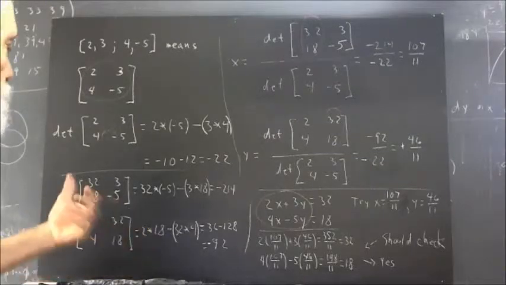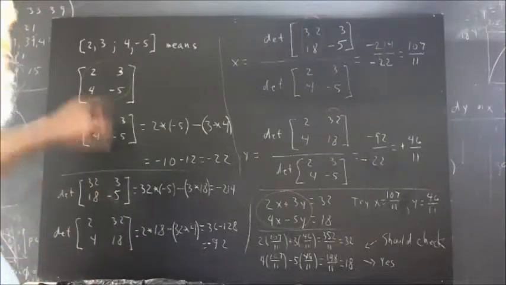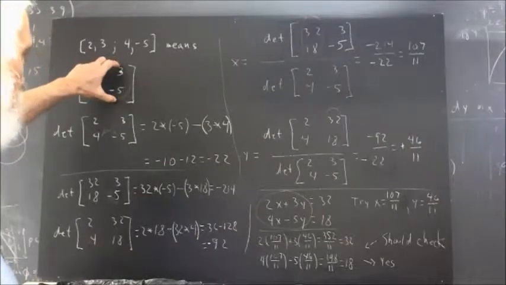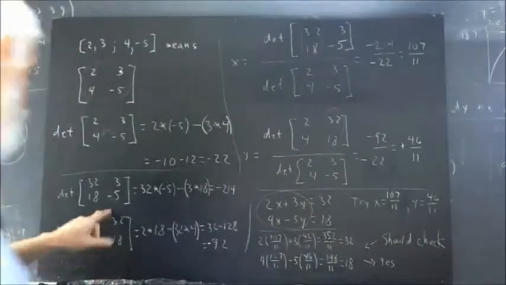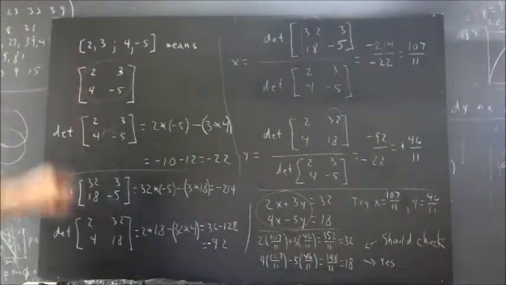And here we did the same thing, except we replaced the second column of the coefficient matrix by the 32, 18. First column is the same as that of the coefficient matrix.